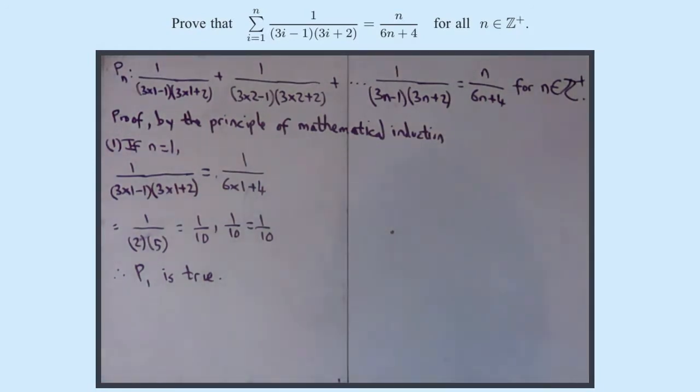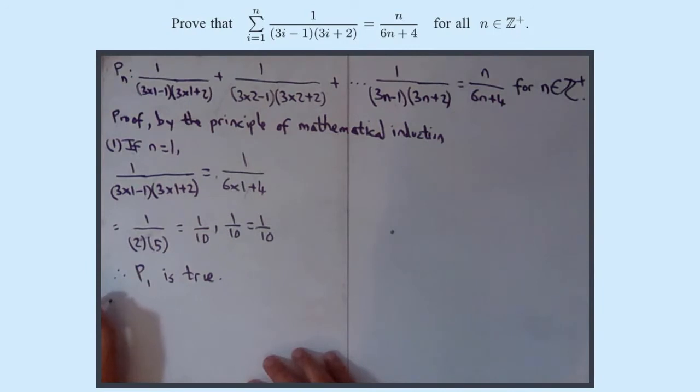Right. So I'm going to have to use a bit of room here, and then let's try and get a target in mind. And remember, the second stage is to assume that the kth case is true.